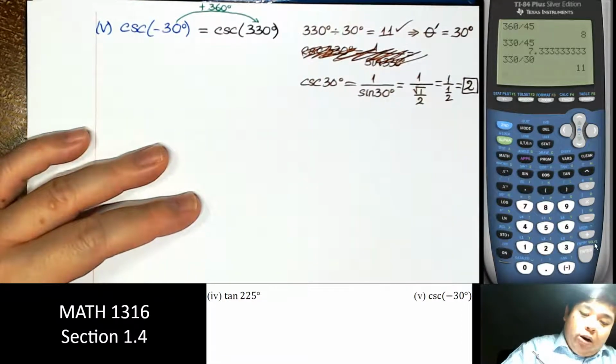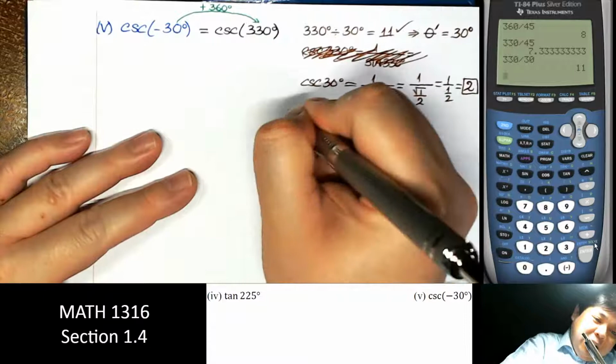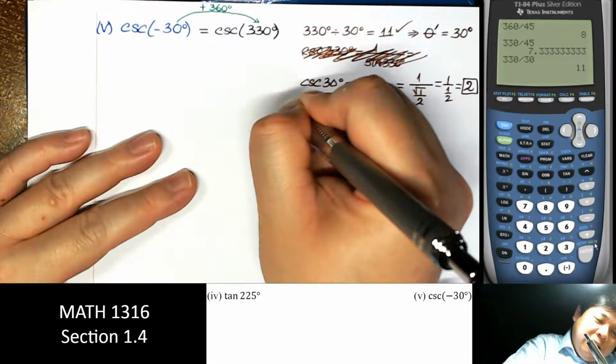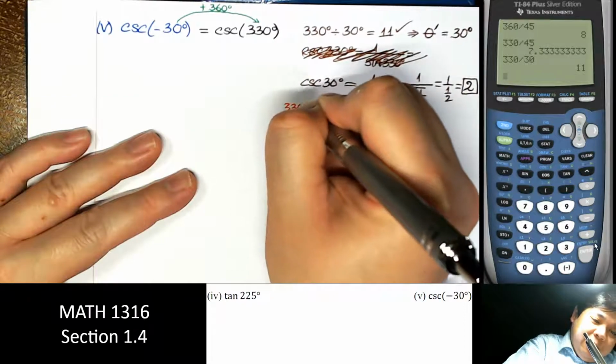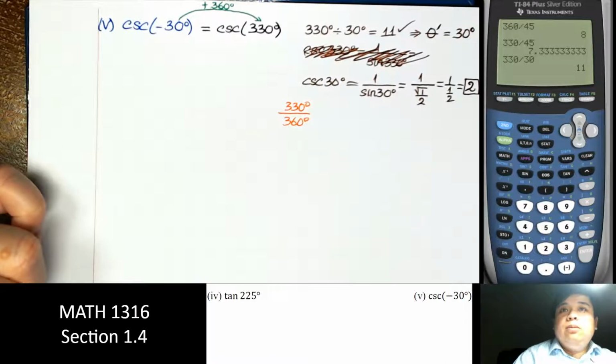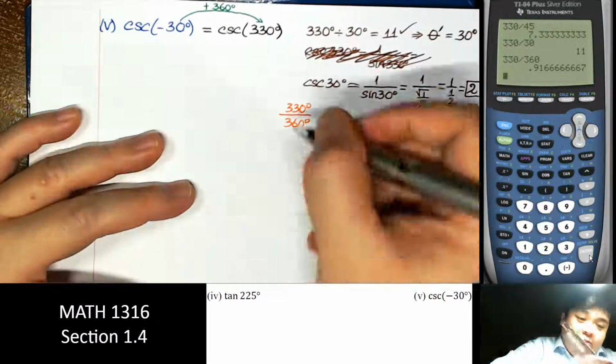Right, now the quadrant. 330 degrees divided by 360. We have 0.916.